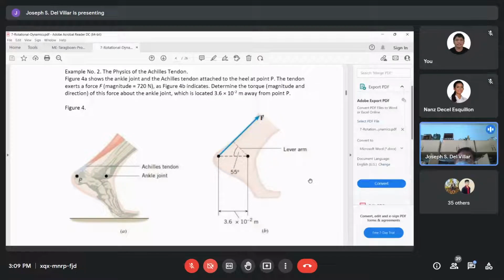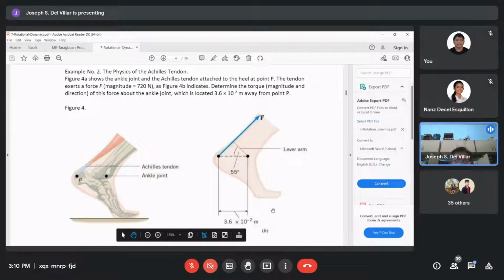35. Di ba yung sa right triangle, may isa na tayong 90 degrees. Of course, the sum of the two acute angles must also be 90. They must be complementary. So 90 minus 55, kaya magiging 35 to. Itong angle ng F with respect to the horizontal. Okay? So that is 35.